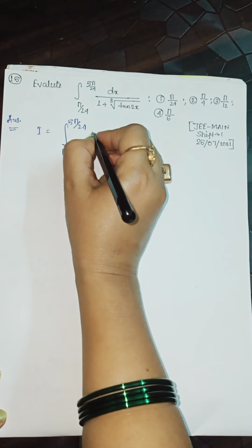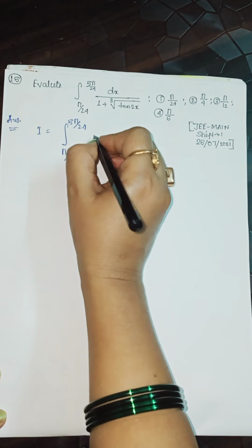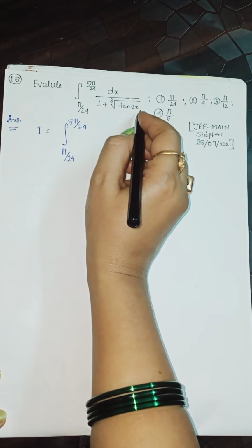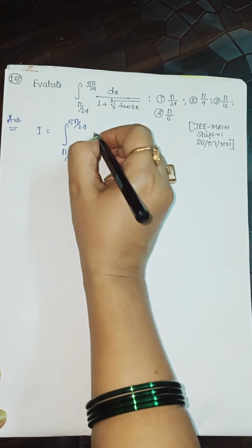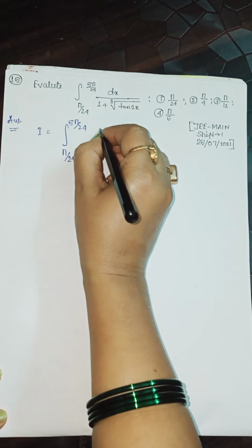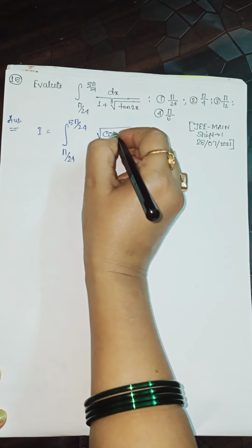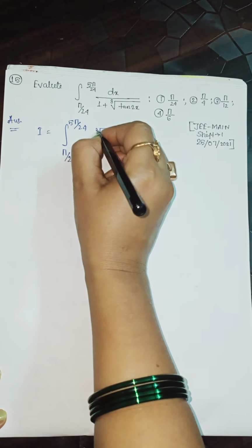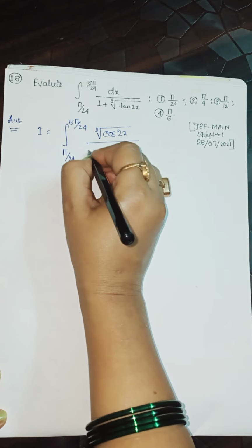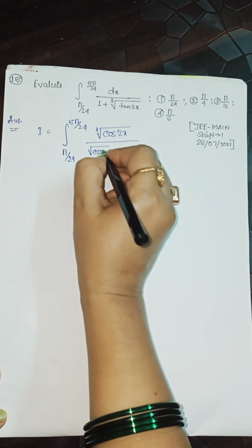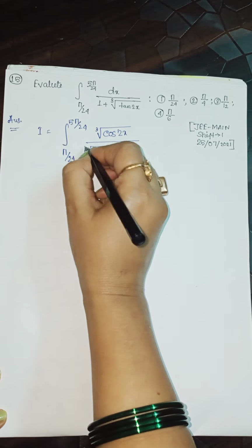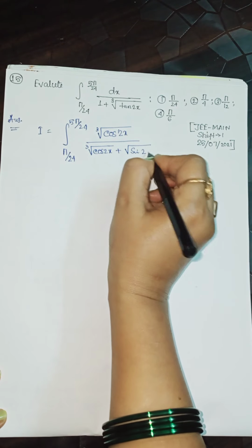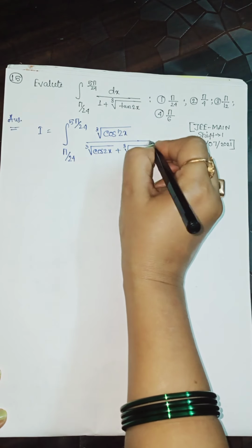If we write tan 2x as sin 2x divided by cos 2x, this becomes the cube root of cos 2x divided by the cube root of cos 2x plus the cube root of sin 2x, dx.